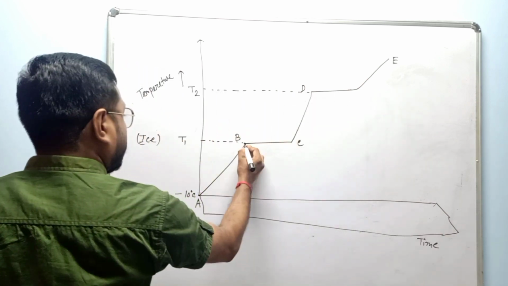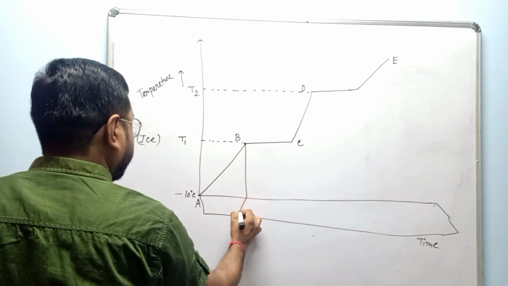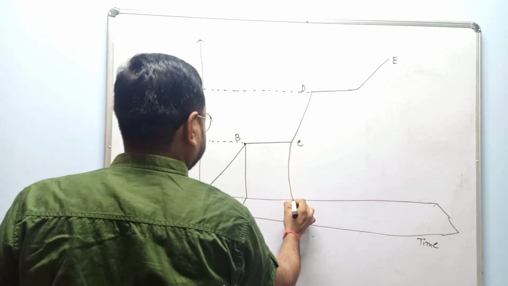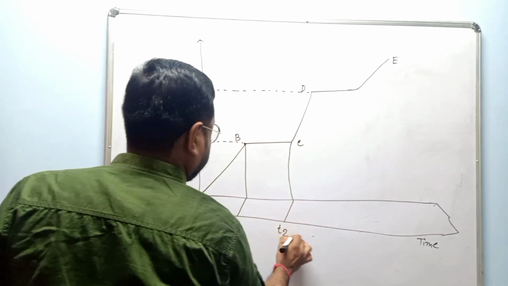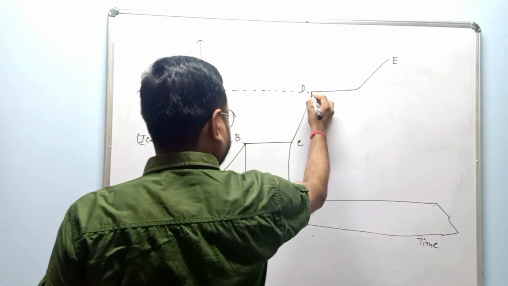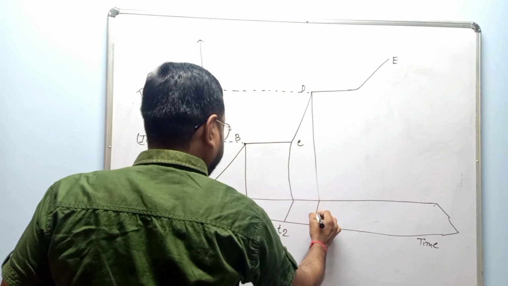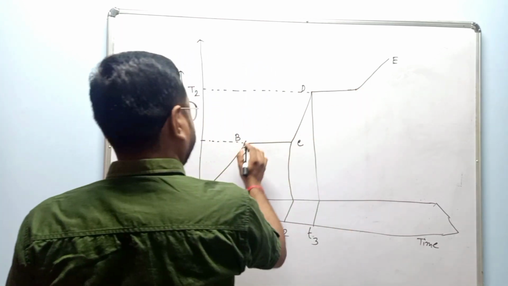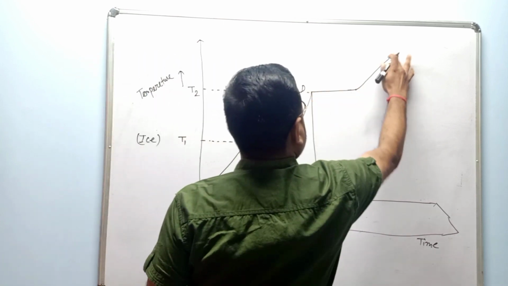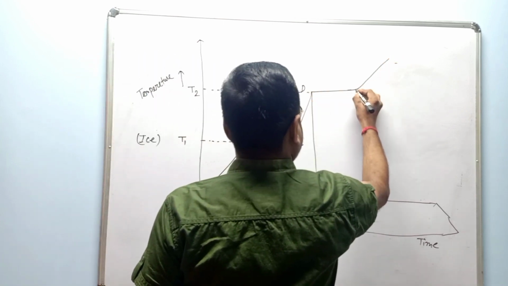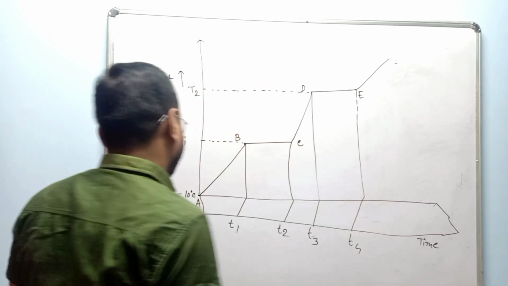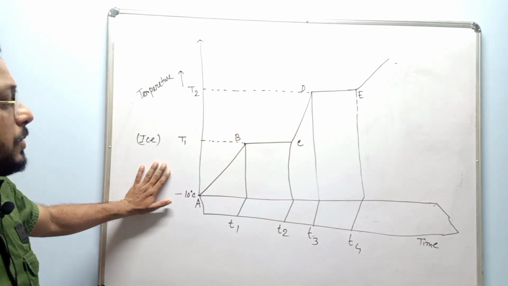For B, the time is taken as t1. For C, the time is t2. For D, we can take the time as t3. Okay, A, B, C, D, E is here. For E, the time is t4. So, what does AB represent?